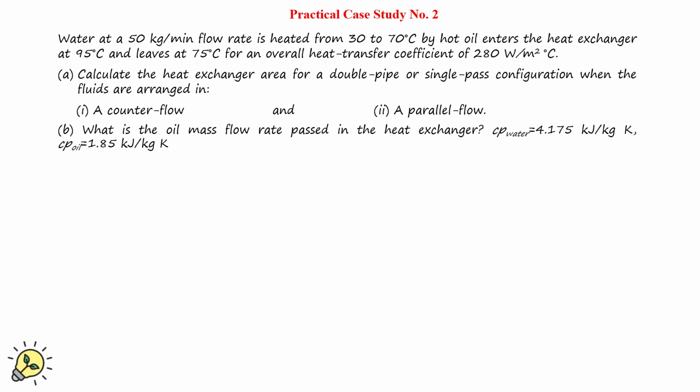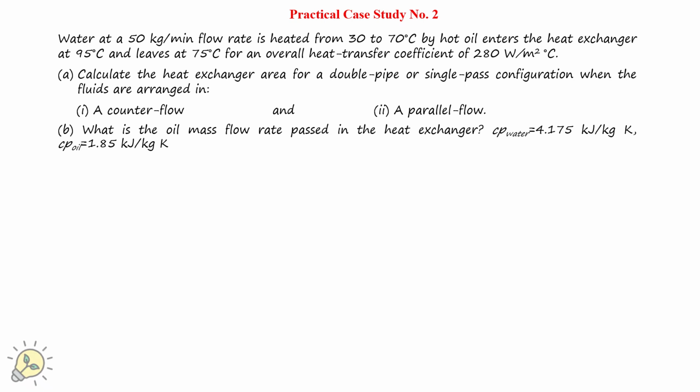And usually these values, of course, depend on the operating temperature and the type of oil as well. Then we need to calculate the heat transfer area for a double pipe, or we may consider the shell and tube heat exchanger with a single pass.